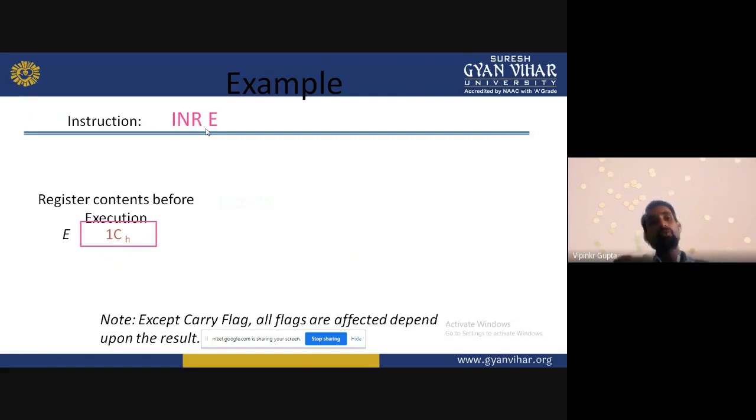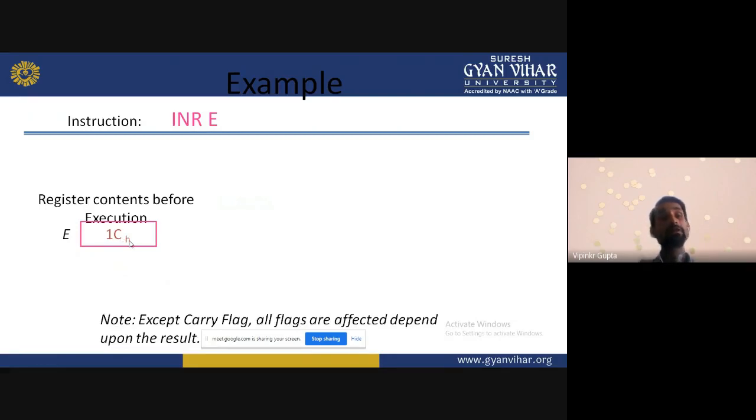So what happened in the previous example? Move immediate E comma 1CH and increment E. So what is the value of E? E is 1CH, that is a transfer from the data transfer group.